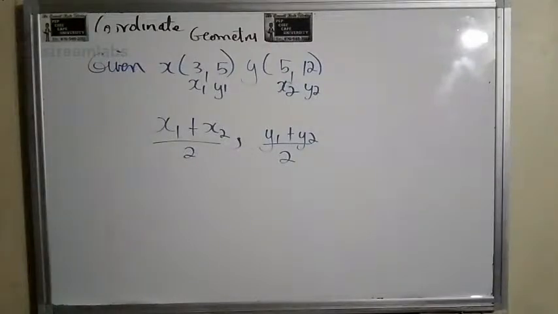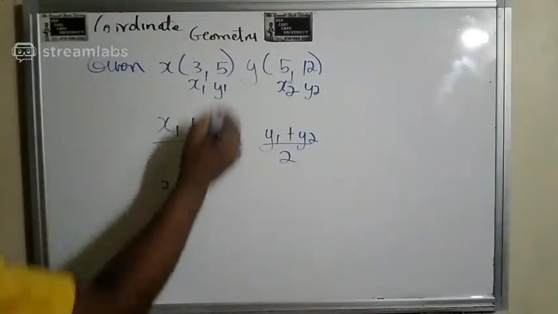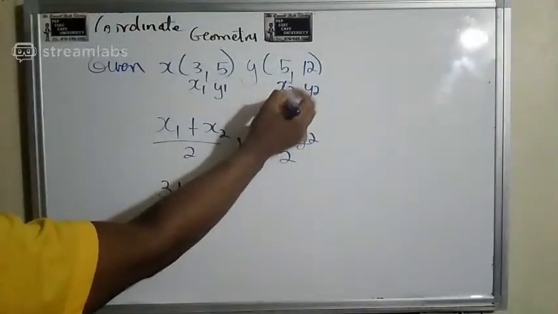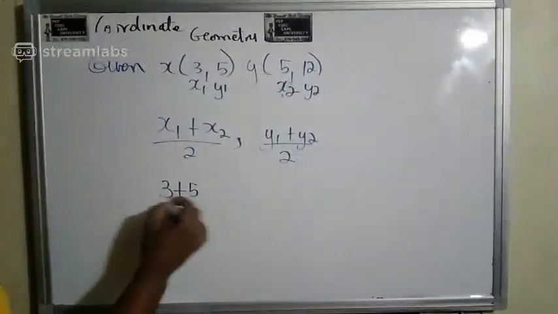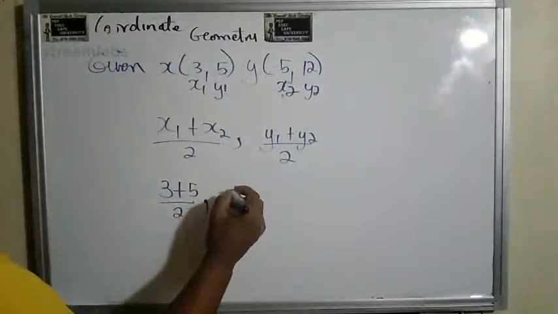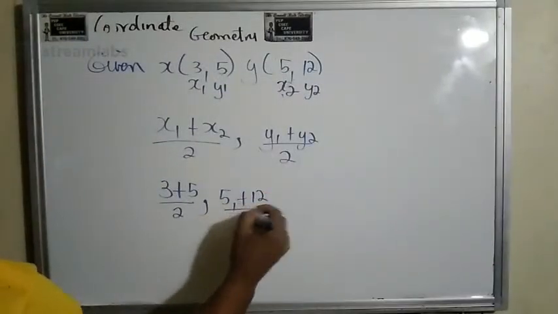Alright. So now we're going to put things in perspective. We have x1 plus x2 divided by 2 and y1 plus y2 divided by 2. So let's put in the numbers. x1 is 3, so we put 3 plus 5, divided by 2, put the comma. Y1 is 5 plus 12, and we divide by 2.